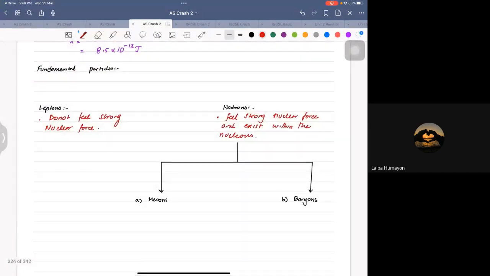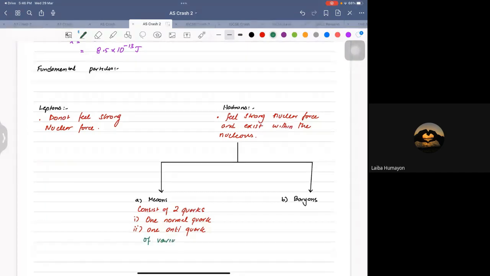So what is the difference? A meson will consist of two quarks. I'm going to explain what quarks are. Quarks are fundamental particles. Number one, a normal quark will be there, and the other thing is that one anti-quark will be there. So they can be of various flavors or types, it is the same thing. All right.